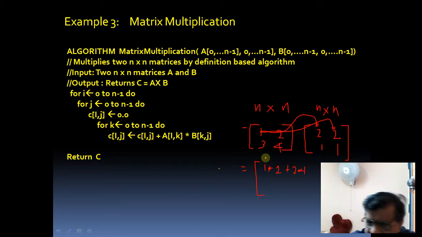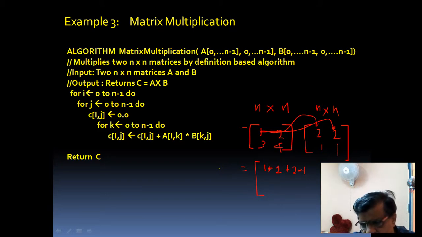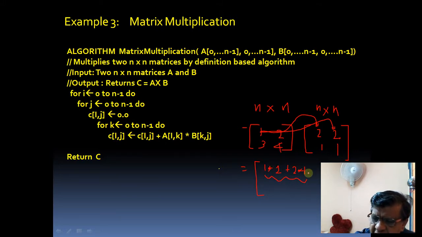So now we need a mechanism to generate the columns of the resultant matrix, generate the rows, and generate the elements by themselves. How to generate the elements? Elements are generated by multiplication and addition.